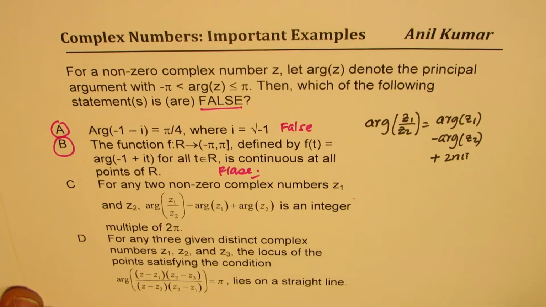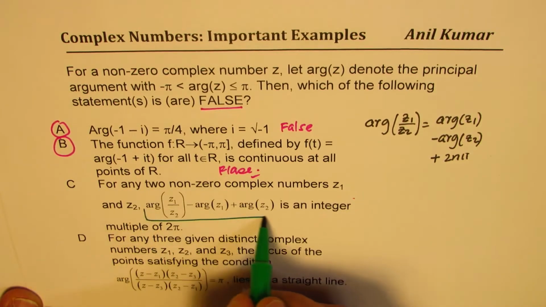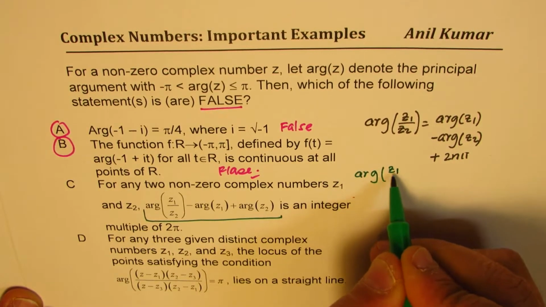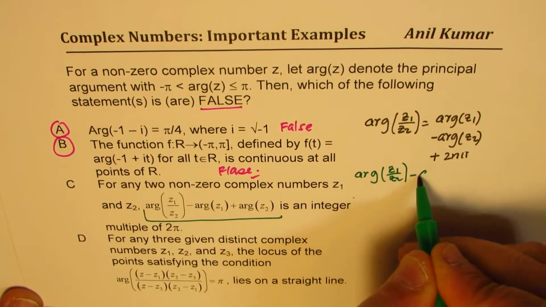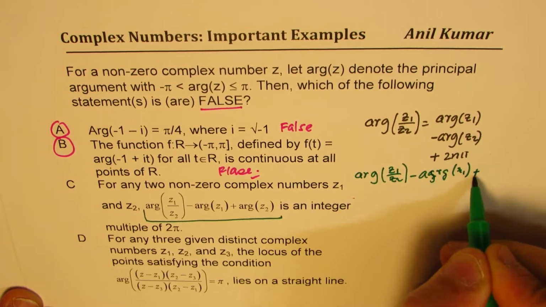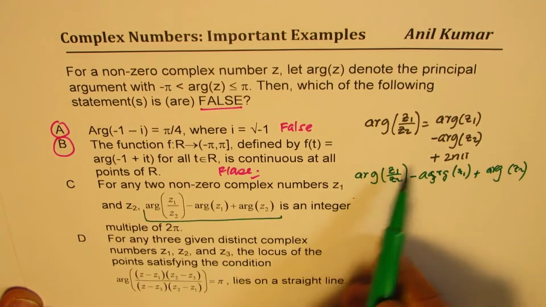Let's see. So the expression which is given to us is this, which is argument z1 over z2 minus argument z1 plus argument z2, right? So we'll substitute this value here.